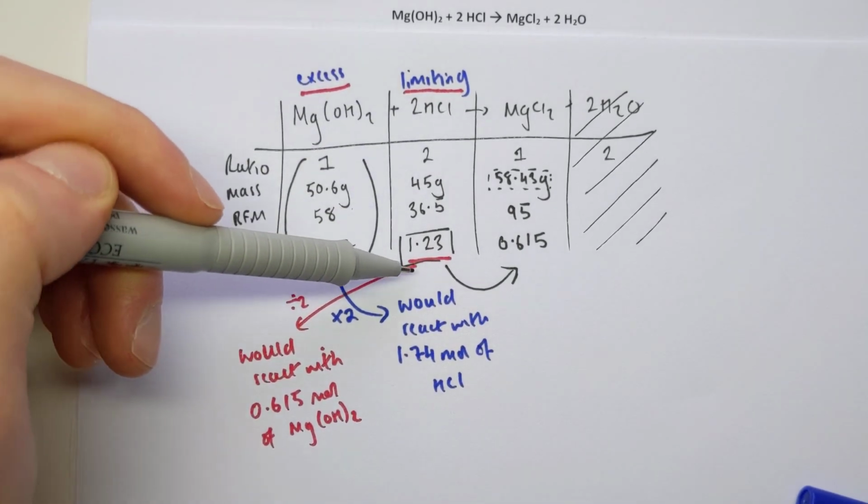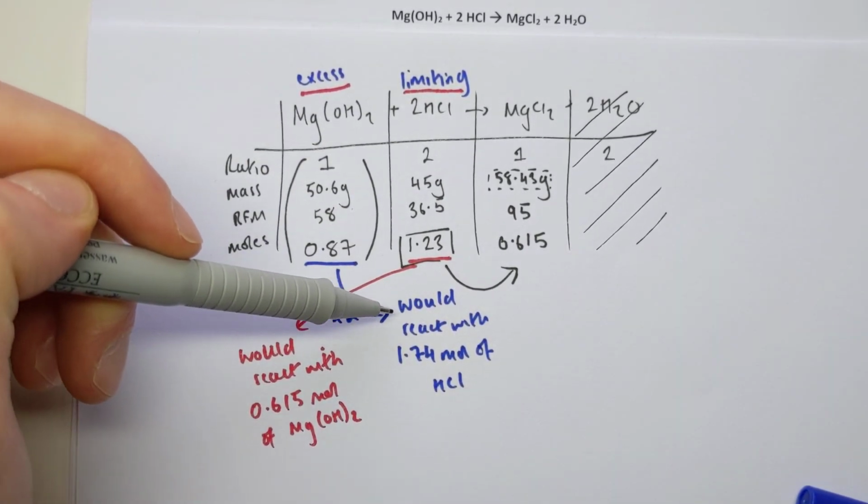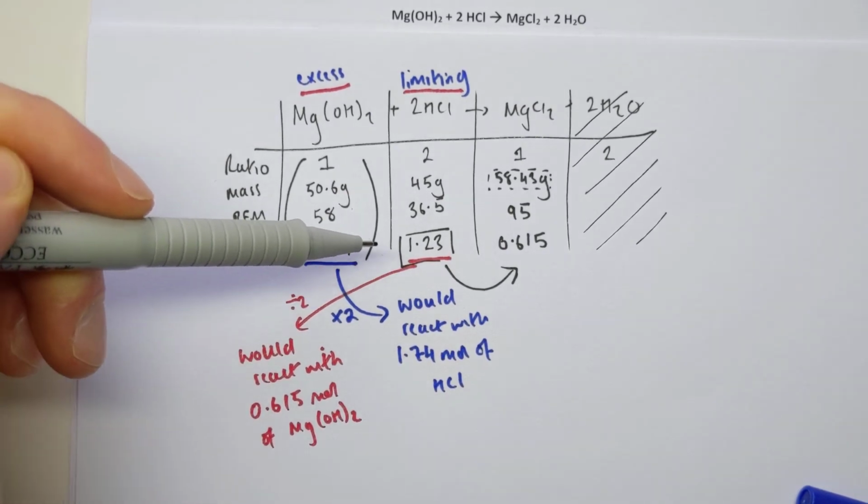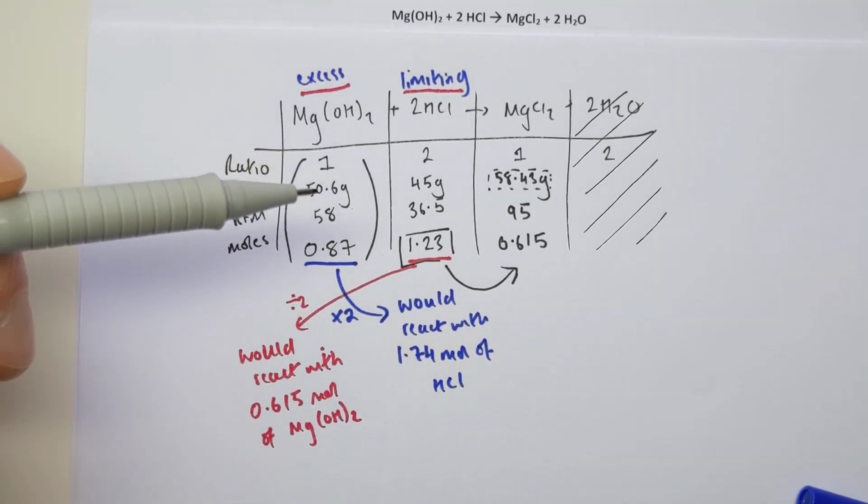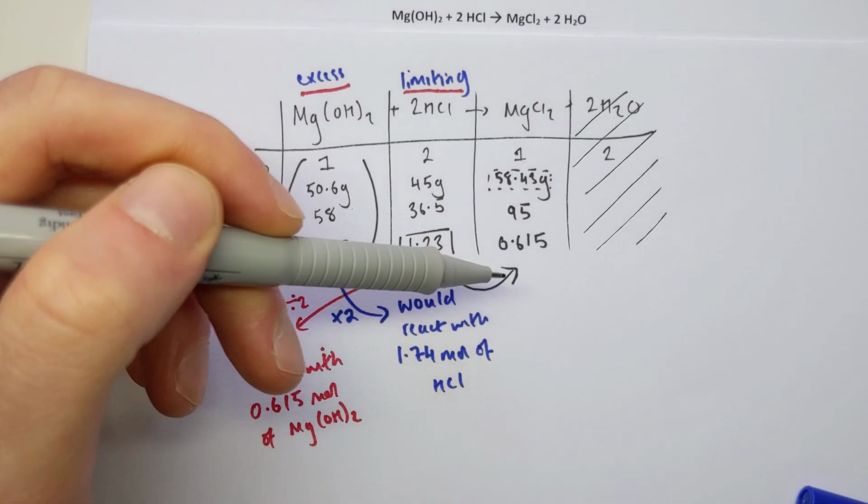So obviously try your best to understand what I did there with taking the ratio into account to work out which one's limiting and which one's excess. But if in doubt, pick the smaller one as limiting and use it for the rest of the question.